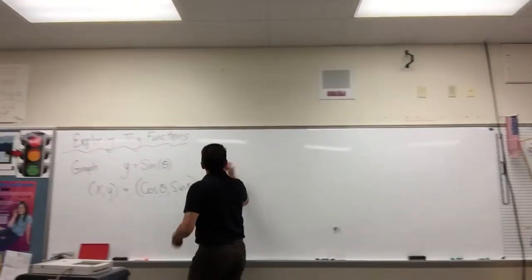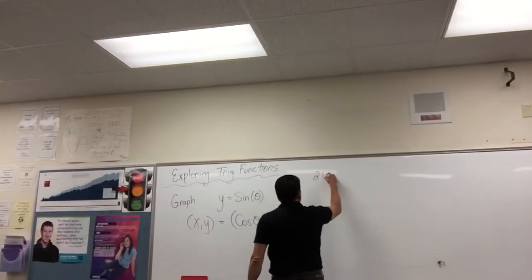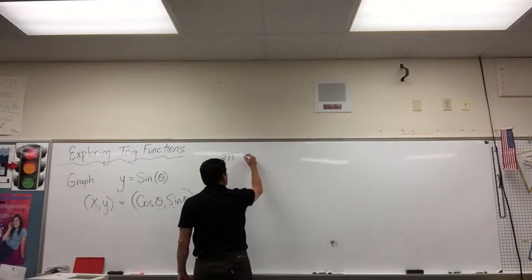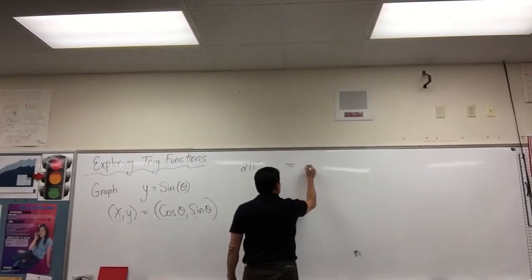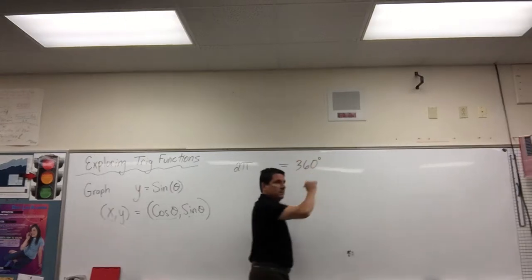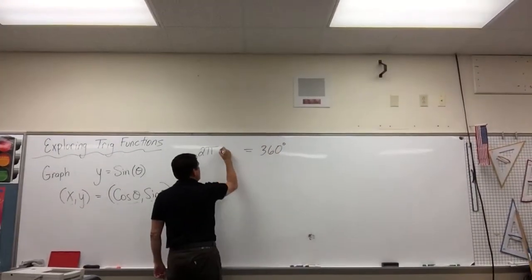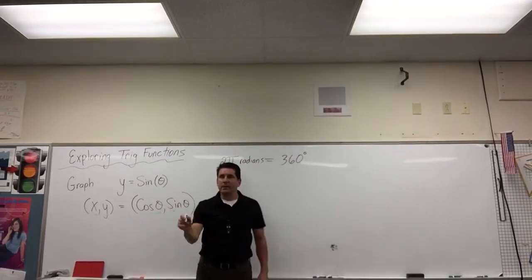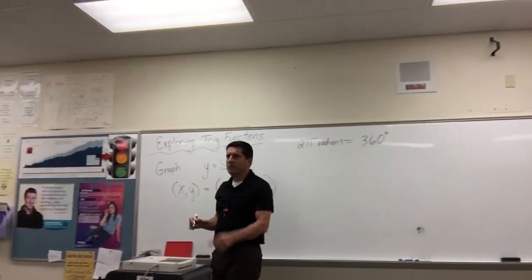So 2 pi, this is what I'm hearing, 2 pi what? 2 pi something is equal to 360 degrees. 2 pi radians is what I'm hearing. Did you ever hear of that? 2 pi radians?